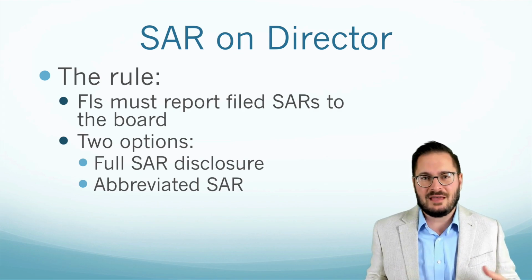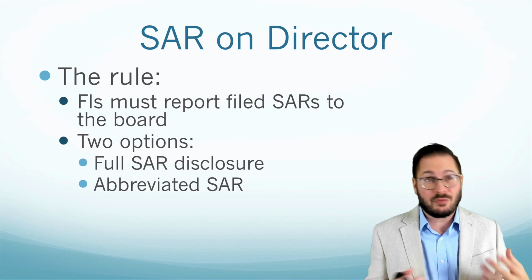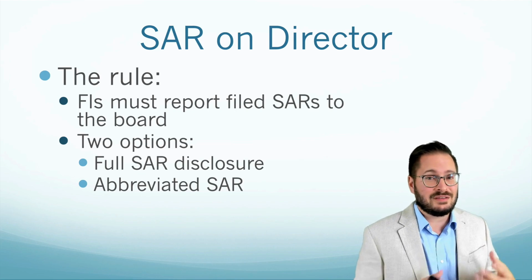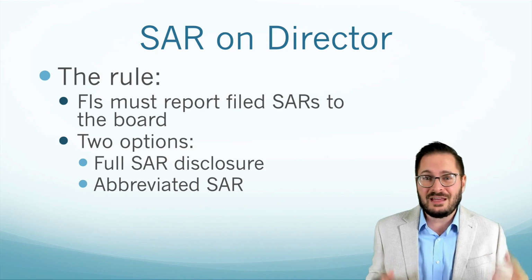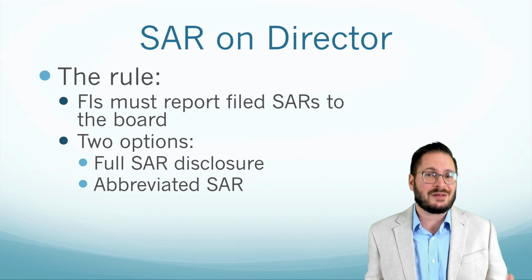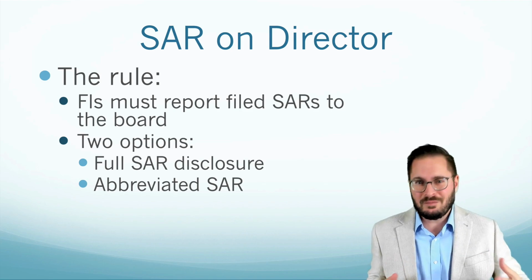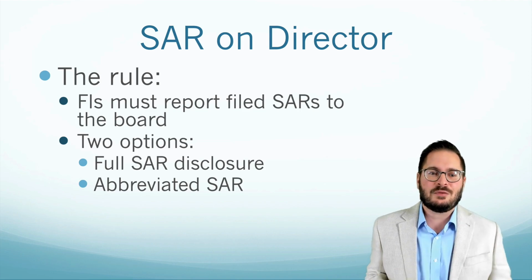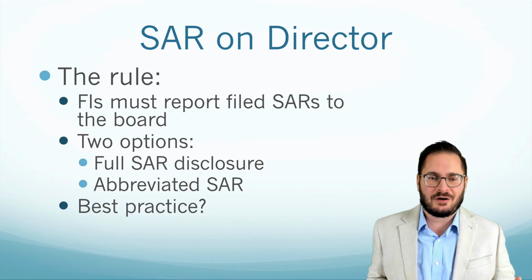For example, we filed SAR number 427, and this was filed for potential structuring or potential currency exchanges or something like that. And just keep it general. Don't include the name of the person the SAR has been filed on. So that's what I always recommend, is the abbreviated SAR.